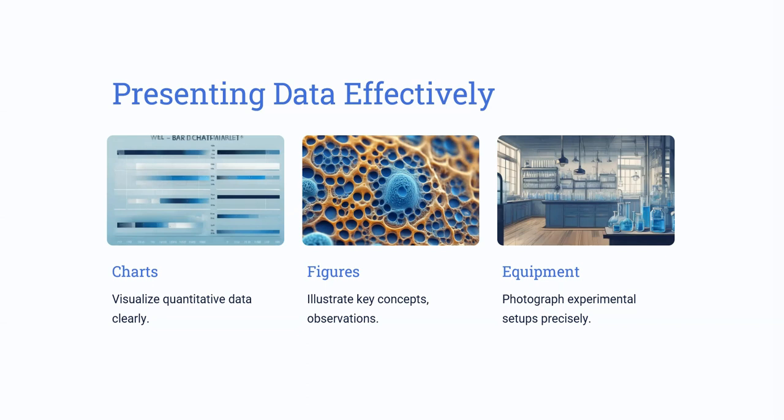There is different software, and some software is dedicated to chart preparation. You can use all those things, and for figure illustration, the concept and the observation and experiment equipment, you use photographs and different setups precisely for presenting your data.